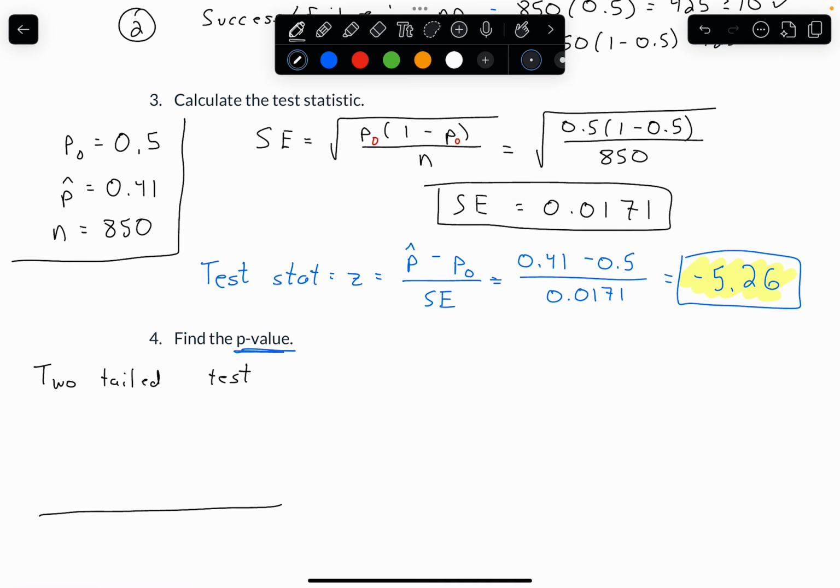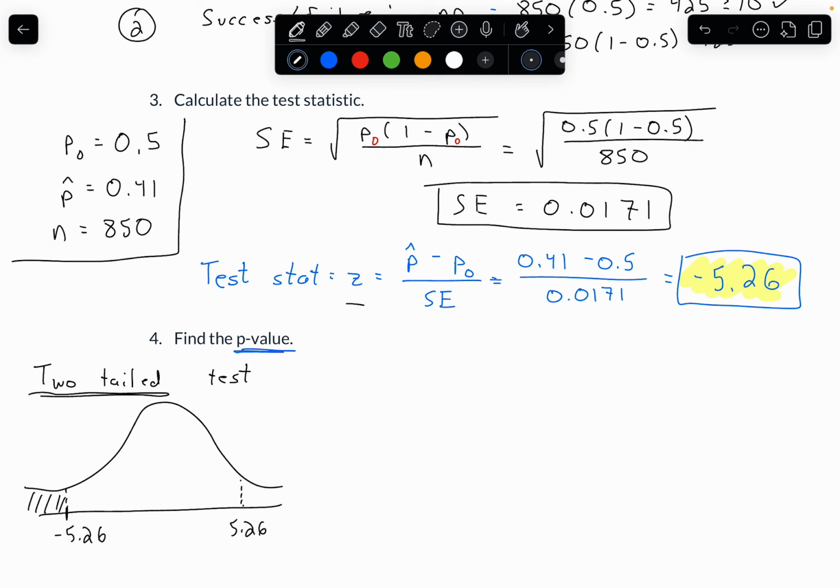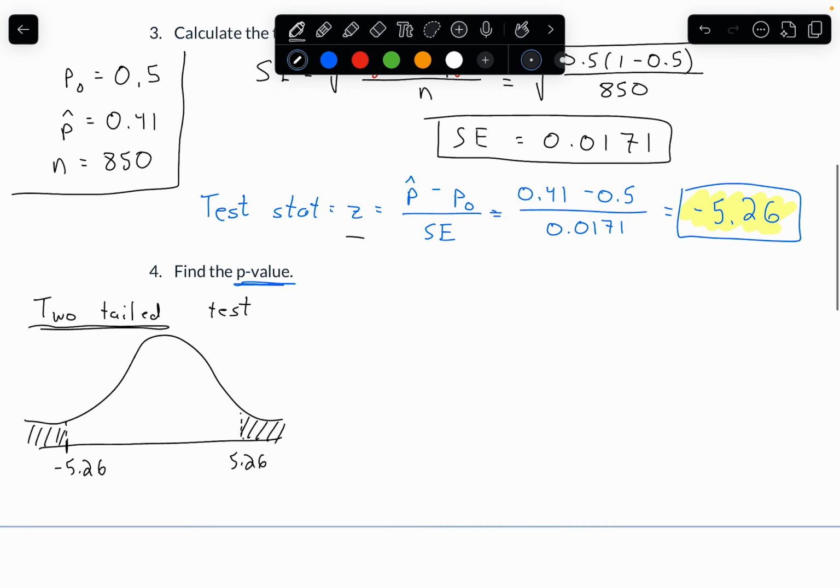We know that the central limit theorem says that our sampling distribution of p hats is roughly normally distributed. We have a z-score of negative 5.26. But we said that this is a two-tailed test, so I want the area to the left of negative 5.26, but I'm also, because this is a two-tailed test, going to find the area to the right of 5.26 as well, and then my p-value is going to be these two areas added together.